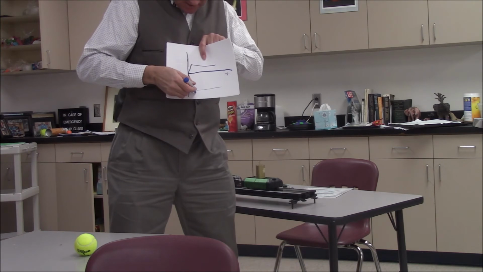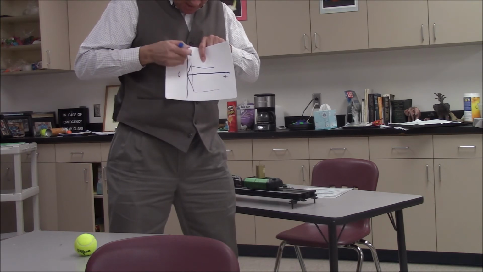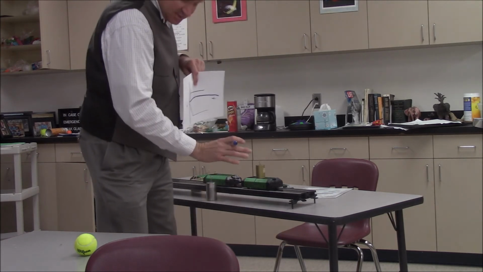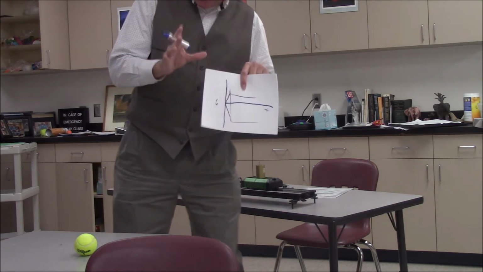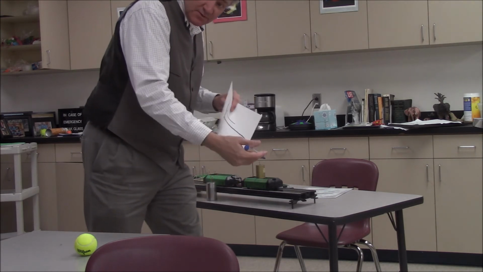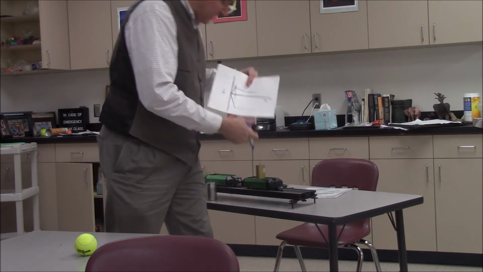Now, the other thing that's going to happen is at this time, when it's speeding up, when that plunger is expanding, that has to be the same for both, because one cart can't push on the other cart longer than the other cart pushes back.